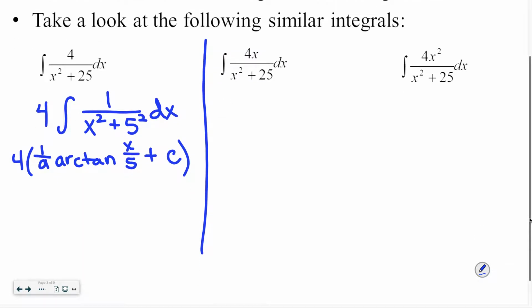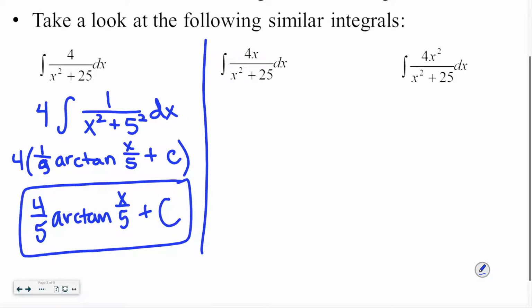So we can write 4/5 arctangent of x over 5 plus c. Do you prefer that it's arctangent, not tangent to the -1? I don't care. You will probably see arctangent more than tangent inverse, but we all know they mean the same thing.